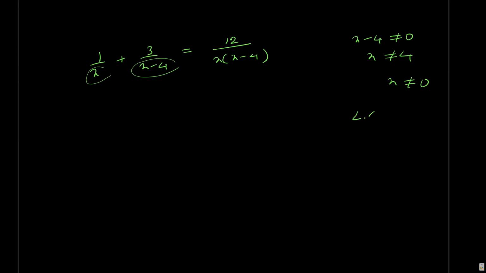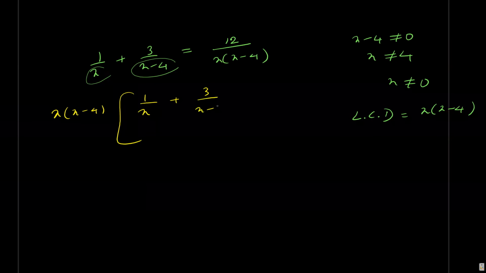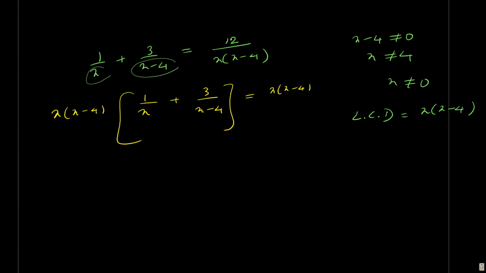So the least common denominator is going to be the product of those two terms. So let's multiply the whole thing by x times x minus 4.